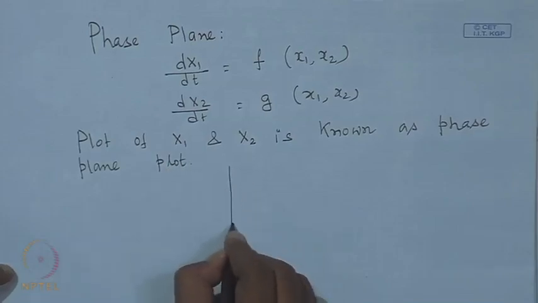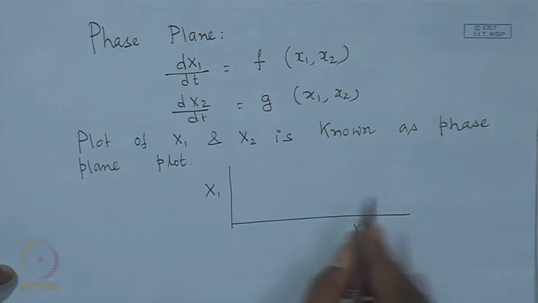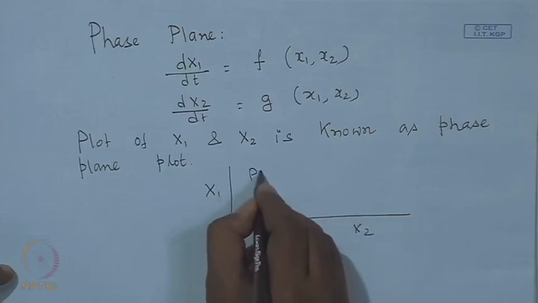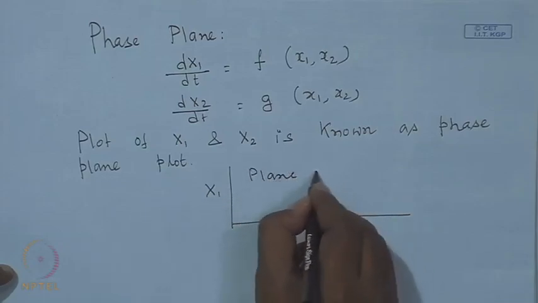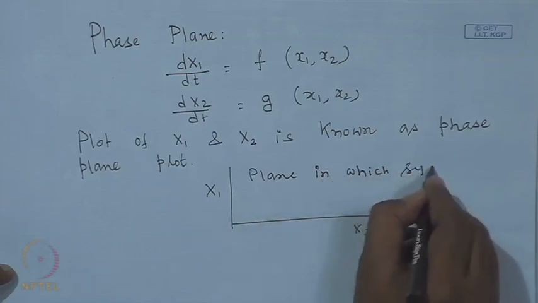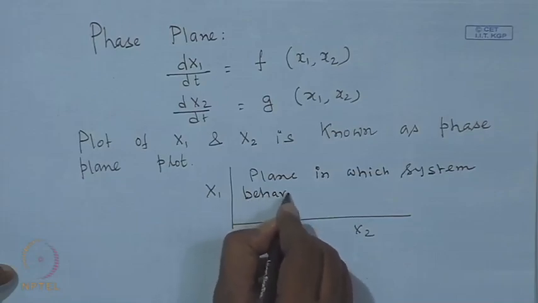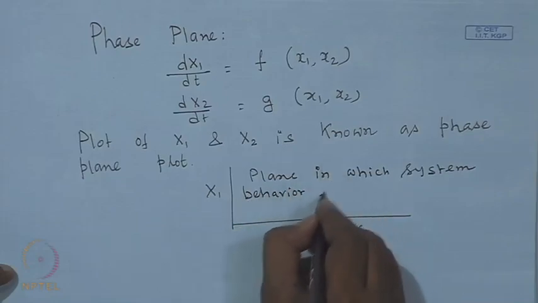If we plot x1 as a function of x2, it gives a plane in which the system behavior evolves dynamically.